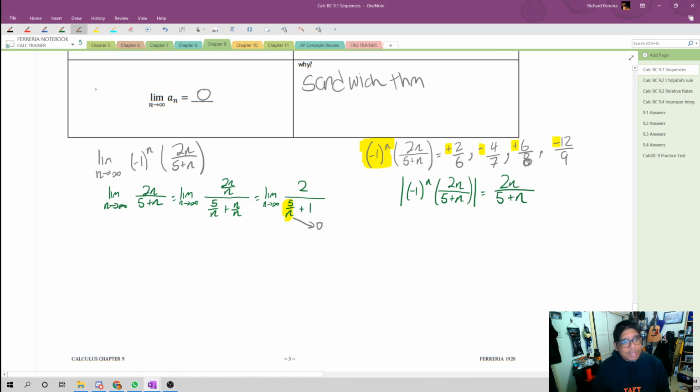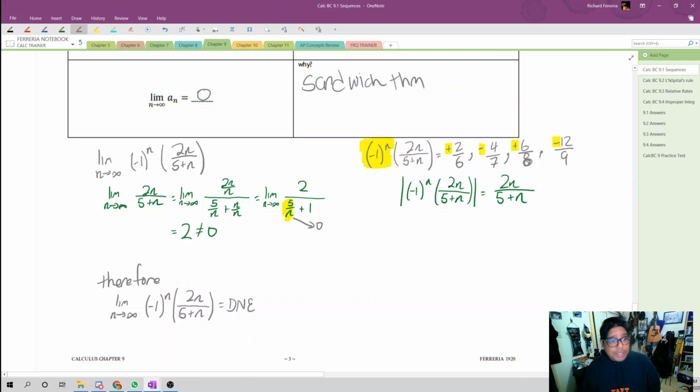So this limit is just going to be 2 over 1, or just 2, which is not equal to 0. Therefore, the limit of the alternating sequence, -1 to the n, multiplied by 2n over 5 plus n, does not exist. And that's how you use the absolute value theorem.